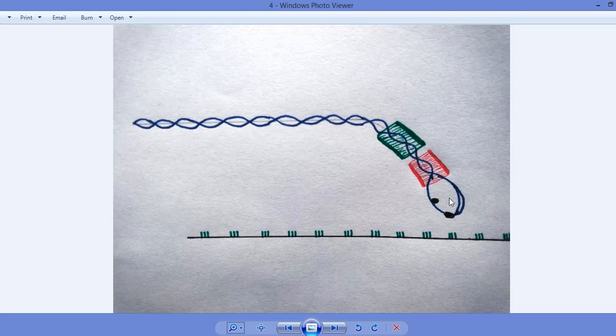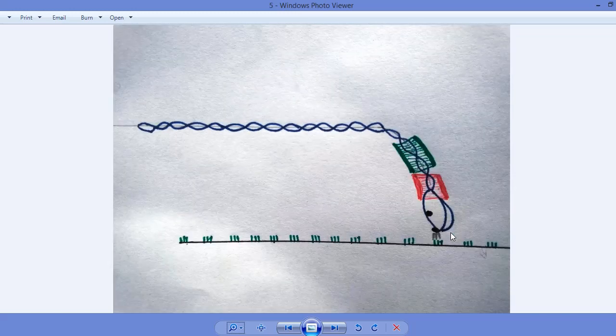So this head of the myosin filament consists of the actin binding site and the ATP binding site. Over here you can see that this is the actin binding site, and this is the ATP binding site. So when the active site on the actin filament becomes open, or uncovered, what happens? This actin binding site combines with this active site, and when this combines with the active site, you can see that it makes a bond.